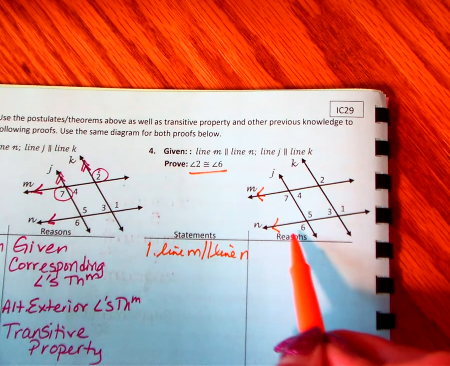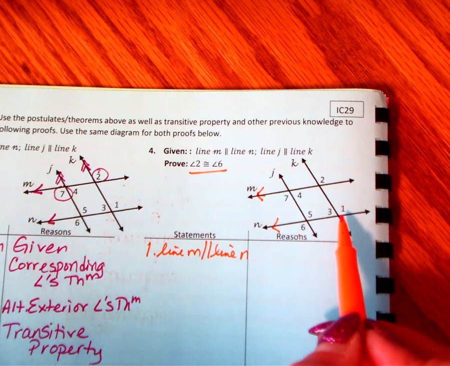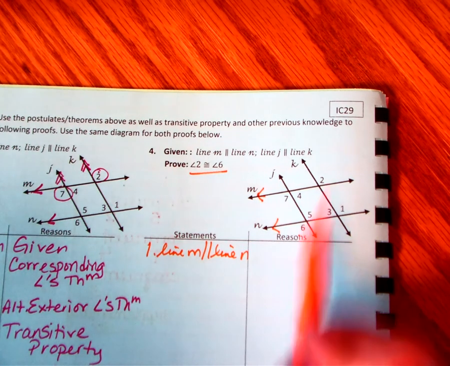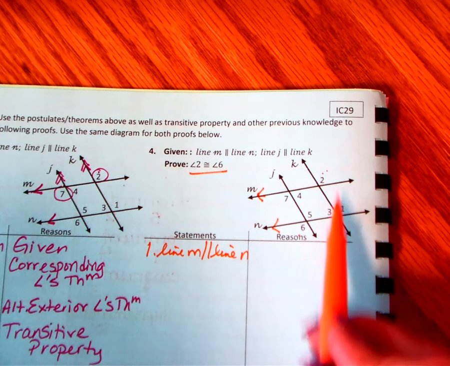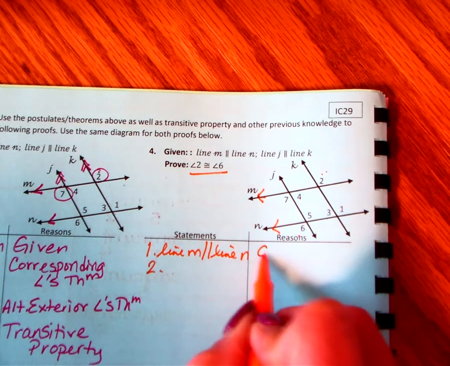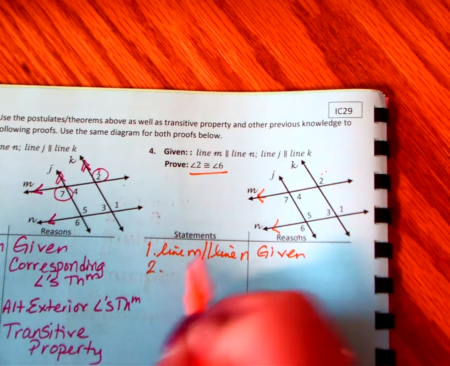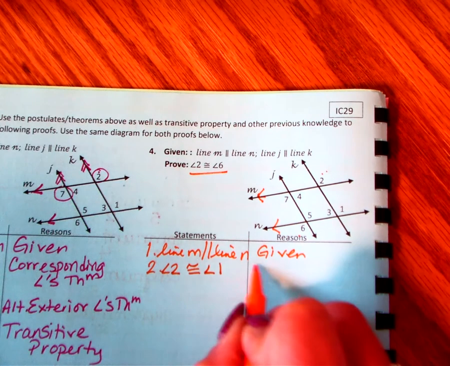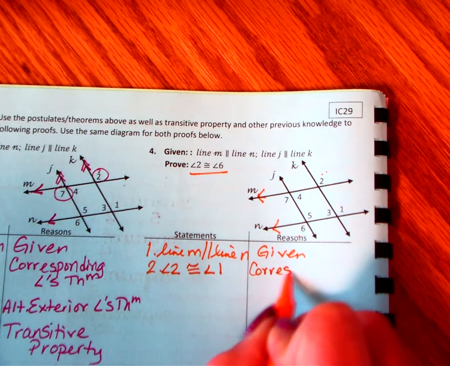I can use angle 1 and 2, because I'm trying to prove 2 and 6, right? So I can use 1 and 2 are corresponding. So I'm going to write that was given. So angle 2 is congruent to angle 1, the corresponding angles theorem.